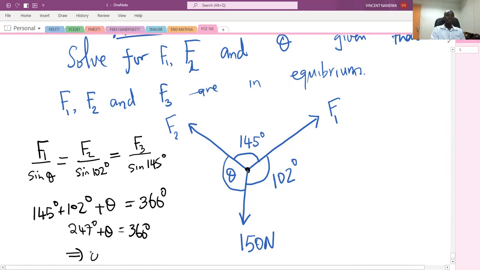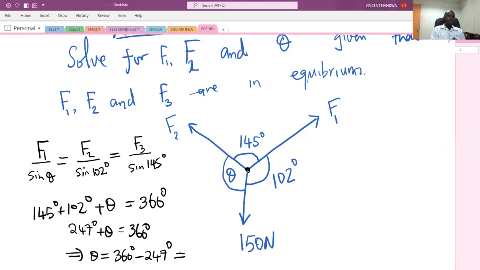So theta alone is 360 degrees minus 247 degrees, which gives us 113 degrees. So this angle is 113 degrees, so that 113 plus 145 plus 102 gives us 360.